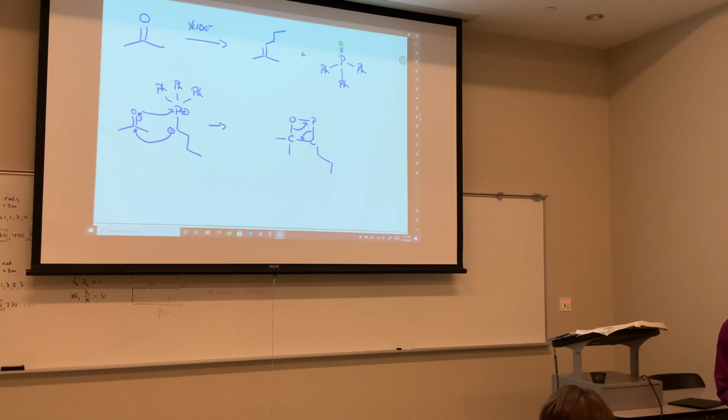What kind of phosphorus-oxygen bond did we end up making? Aha. So if you think about this, we traded one ketone for a phosphorus-based ketone. You guys with me on this? We traded a carbon-oxygen double bond for a phosphorus-oxygen double bond. Phosphorus loves oxygen. So we traded a strong bond for a stronger bond, is what it is.